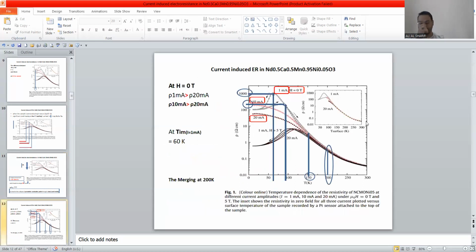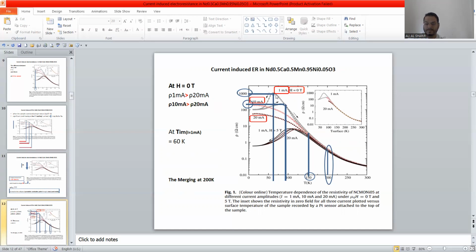Here, let's come back to 0 Tesla. Like I said before, the resistivity at 1 milliampere is bigger than the resistivity at 20 milliampere. That means with increasing the current, the resistivity is decreasing. Our conclusion, we take it from this diagram.